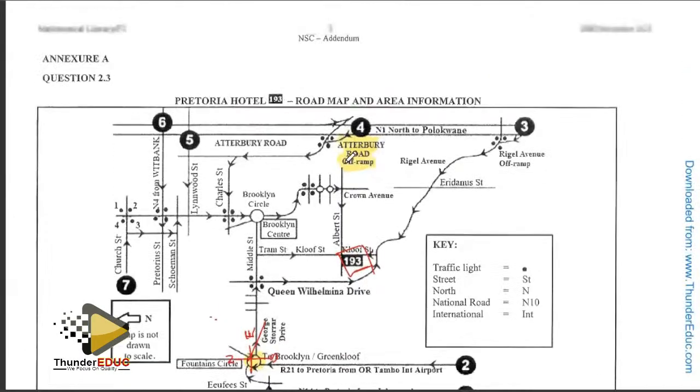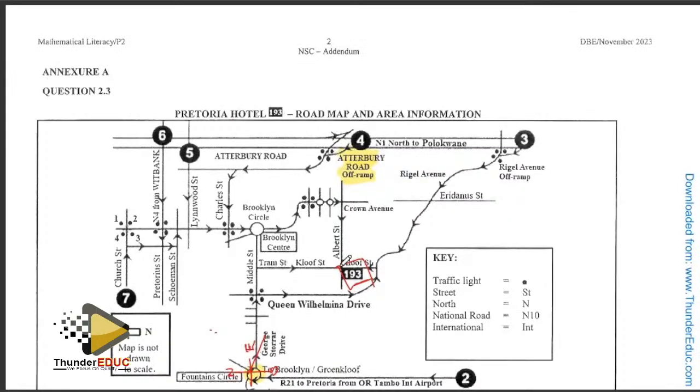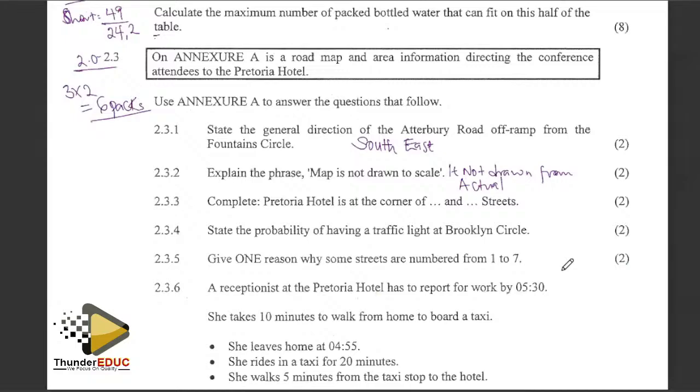We say it's Kroof Street and Albert Street.